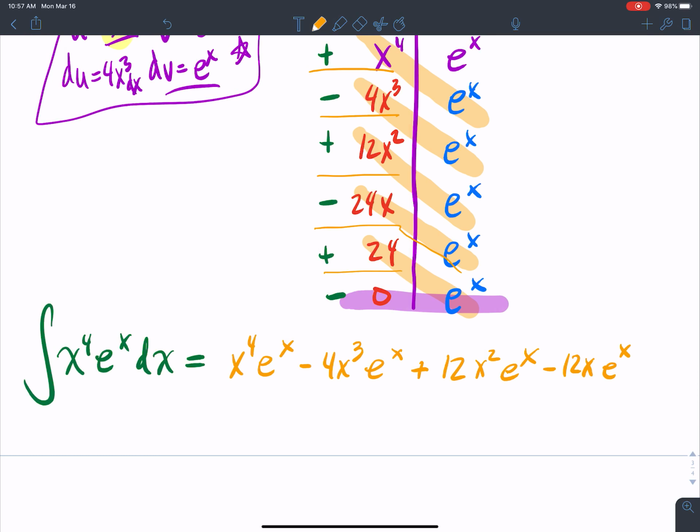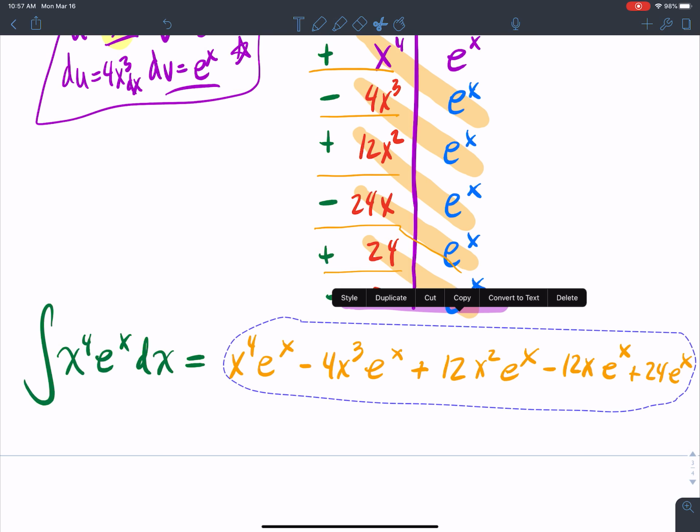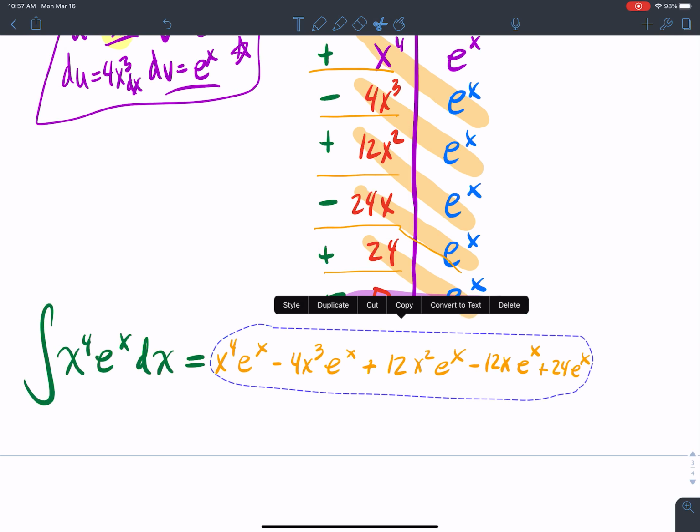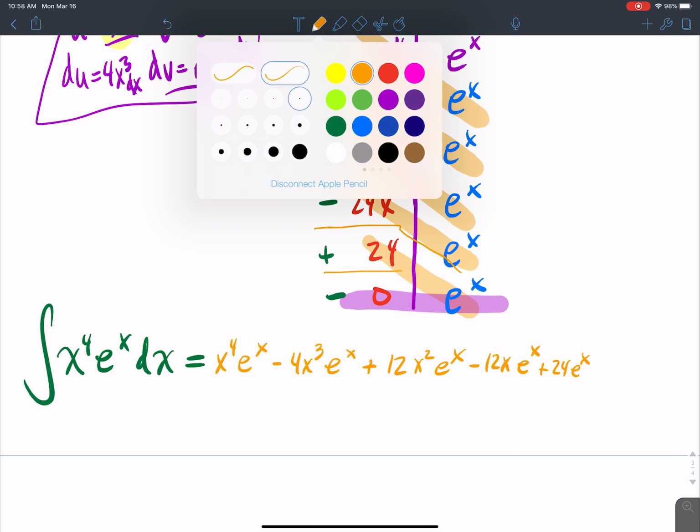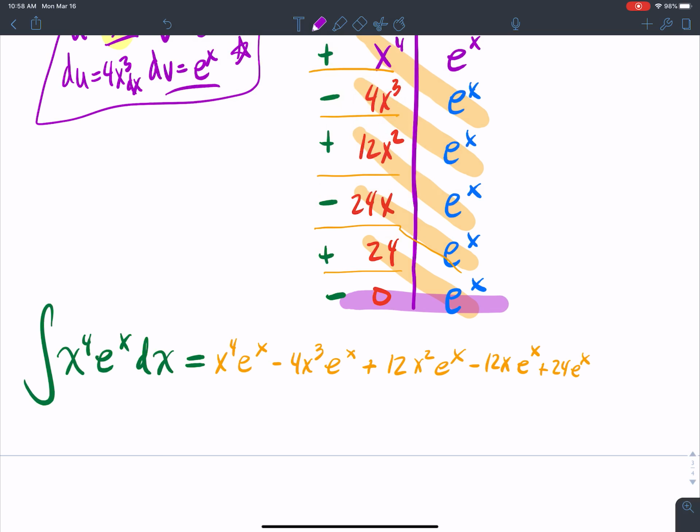Then I have a positive 24 e to the x. Let me make this a little bit smaller so that I can fit it all on one line. And then my last one, I don't multiply on the horizontal, I integrate. So minus the integral of 0 times e to the x dx.